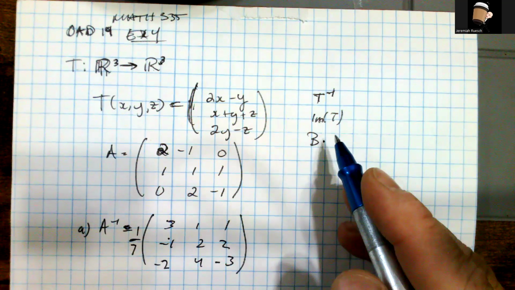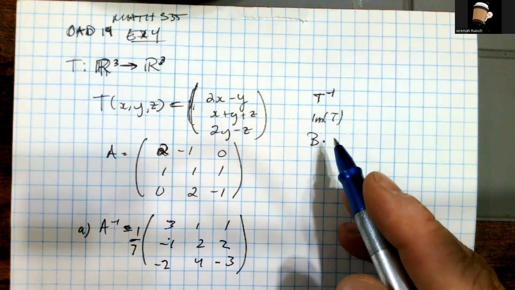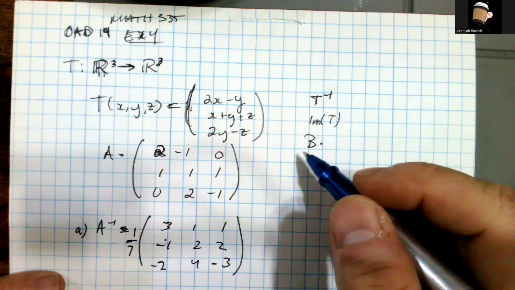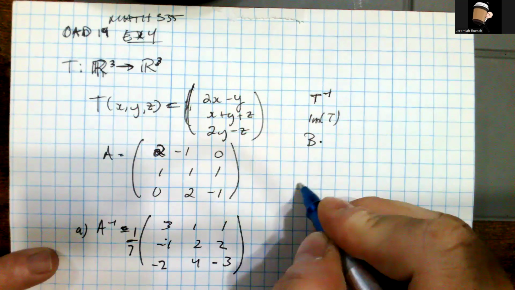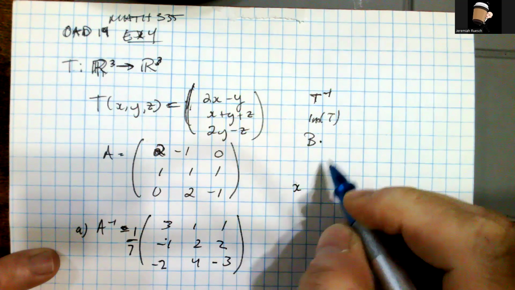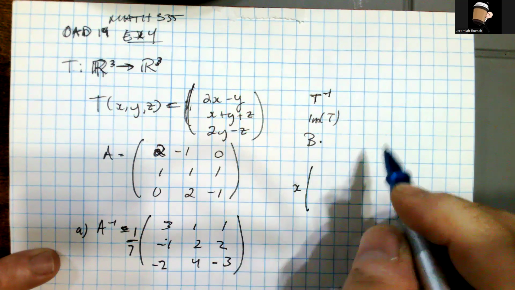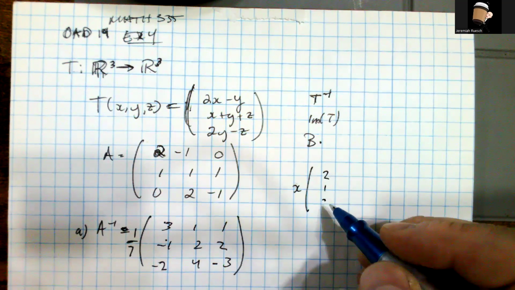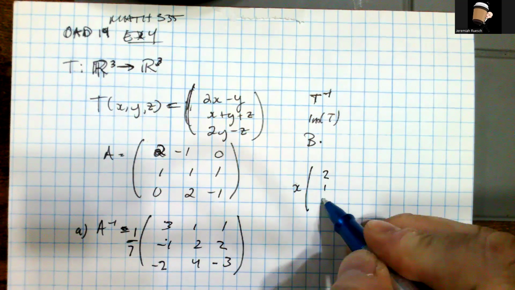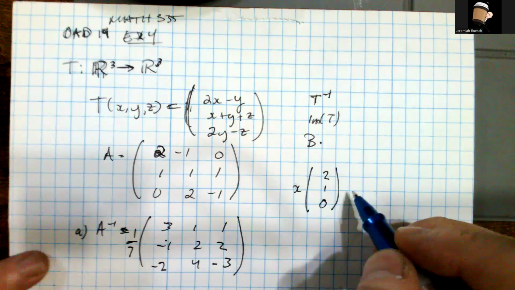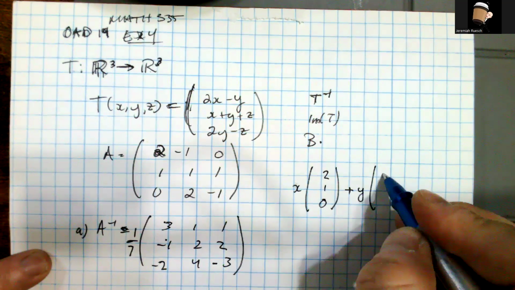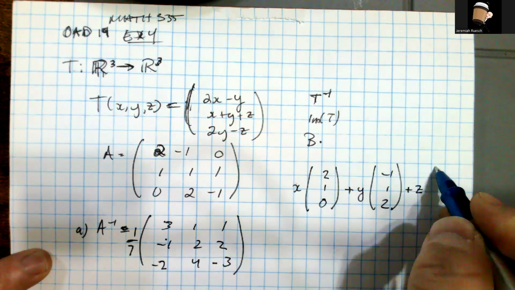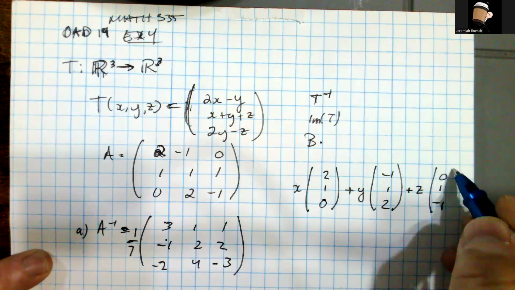And so the image of T is the result from the span of each of the vectors. In other words, if you think of these as columns, then we can write this as x, the variable x, times 2, 1, and 0, plus y times -1, 1, and 2, plus z times 0, 1, and -1.